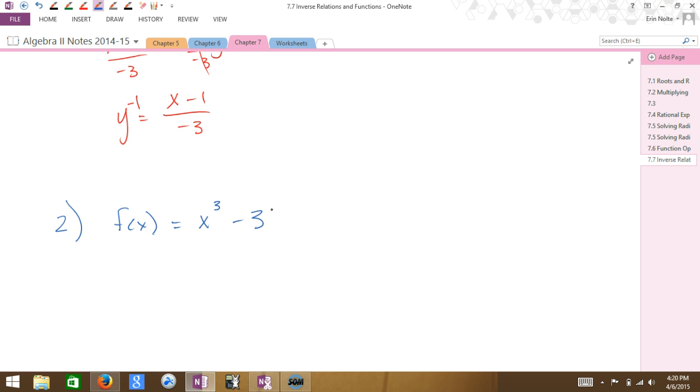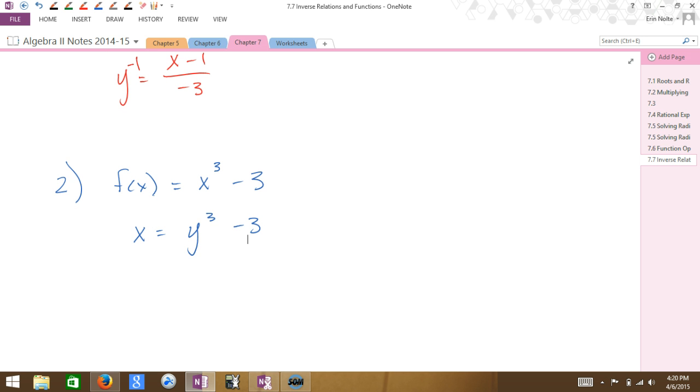Is that confusing? What is f of x? That should be the y. So we're just saying that the f of x is simply the y, so if our first step is to switch the x and the y, I would have x is equal to y cubed minus 3. Then I go through and I just simply solve this for y.